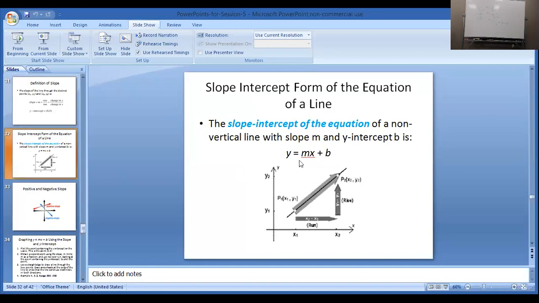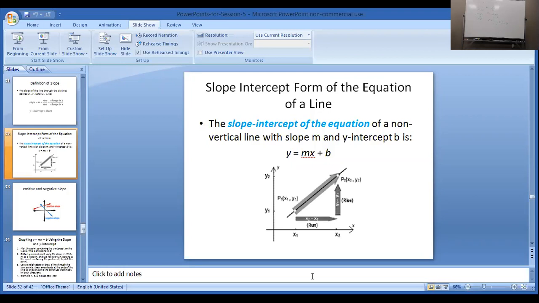You've got to know this formula: y is equal to mx plus b. m is the slope. This is the slope-intercept form of the equation of a non-vertical line with slope m and y-intercept b.